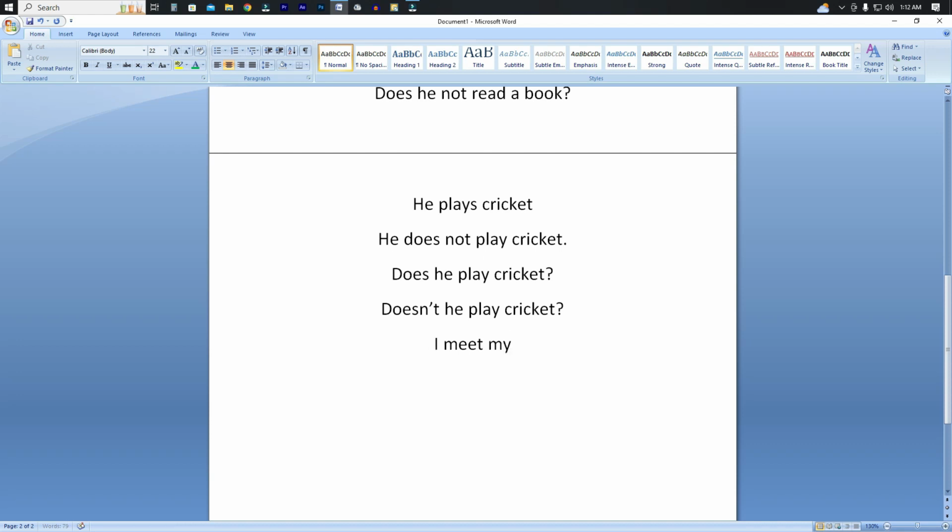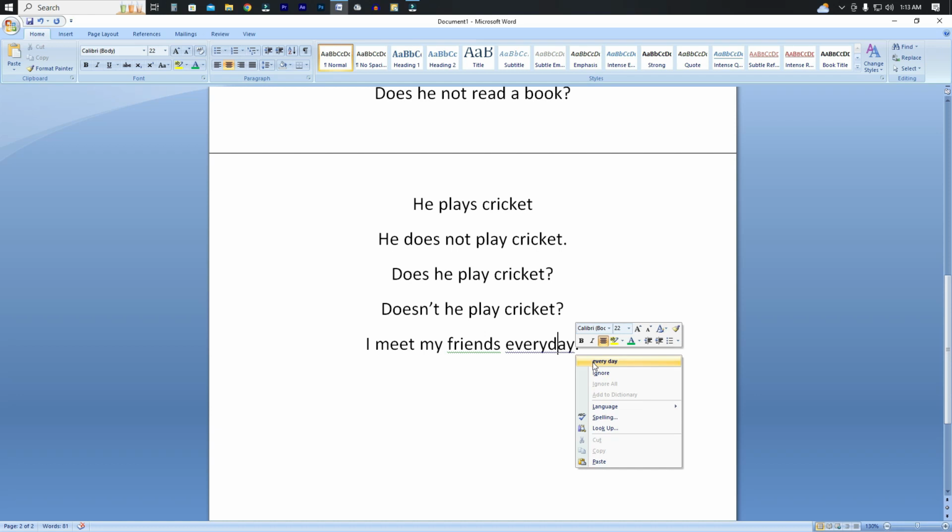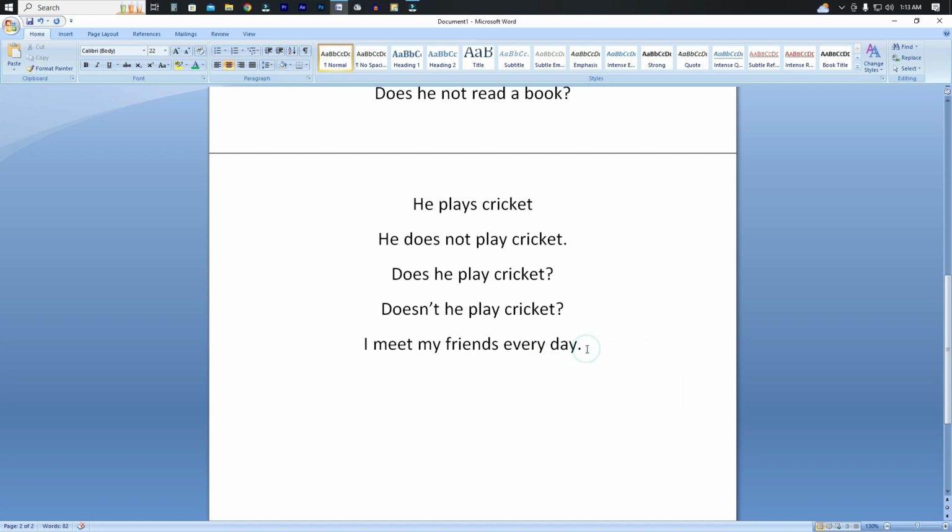This is a positive sentence, meaning there is no n't, not, never, or such kind of words. Okay, "I meet my friends every day." Here the subject is first person, that's why the verb meet takes no s.